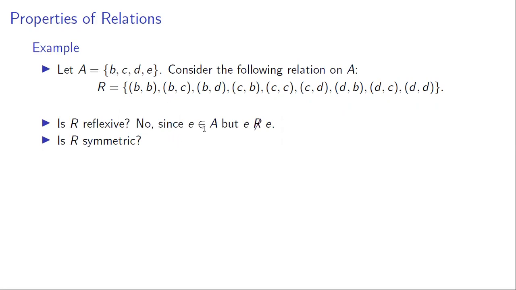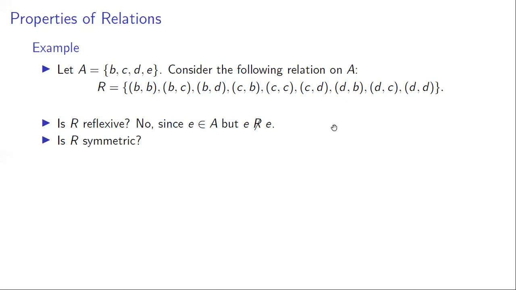So R is not reflexive since E is one of the elements of A. However, E is not related to E. There is no pair E comma E in R. Therefore, R is not reflexive.